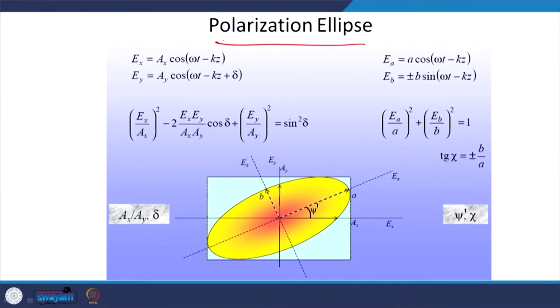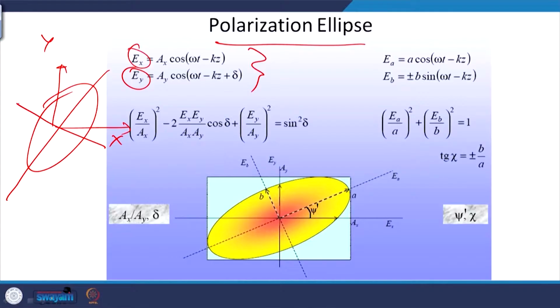So, suppose I have a random elliptical polarization like this, and I want to measure how much ellipticity it has, what the direction of polarization is, and whether it is right circular, right elliptical or left elliptical. What we need to do is that we have x and y axes, and for Ex and Ey we can write these equations.